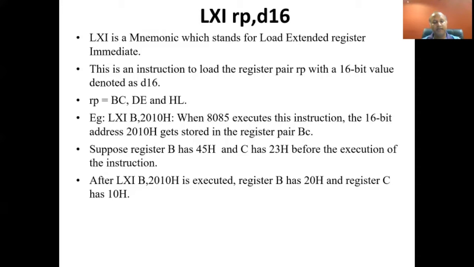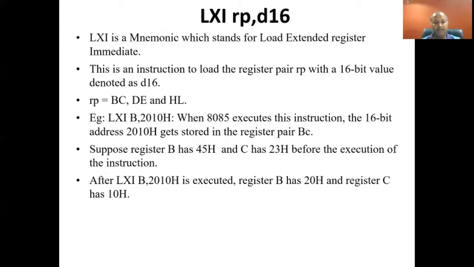Example, LXI B, 2010H. When 8085 executes this instruction, the 16-bit address 2010H gets stored in the register pair BC. Suppose register B has 45H and C has 23H before the execution of the instruction.